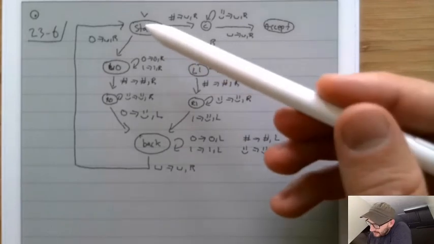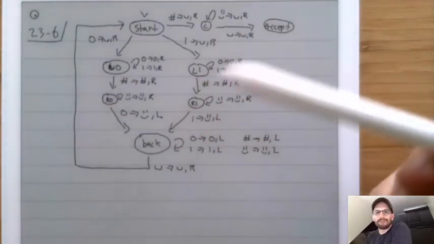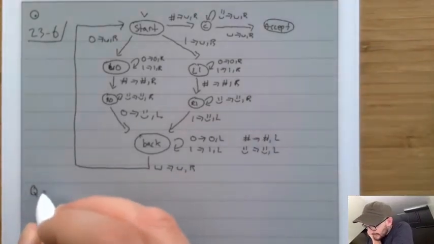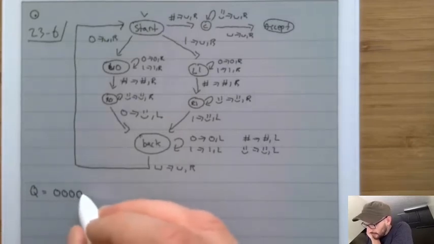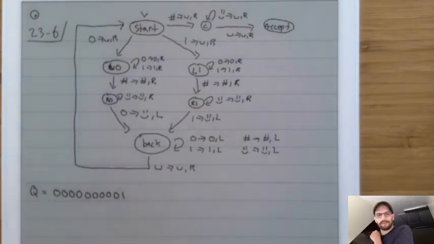Well, how many states are there? There's 1, 2, 3, 4, 5, 6, 7, 8, plus the reject state, so that means that there's 9. So we're going to encode Q as equal to 0, 0, 0, 0, that's 4, 5, 6, 7, 8, 9, and then the 1. Okay? Now we need to say what gamma is.